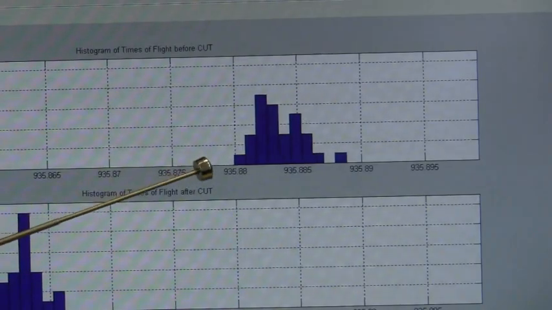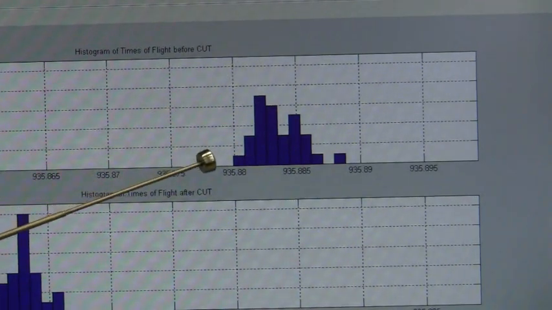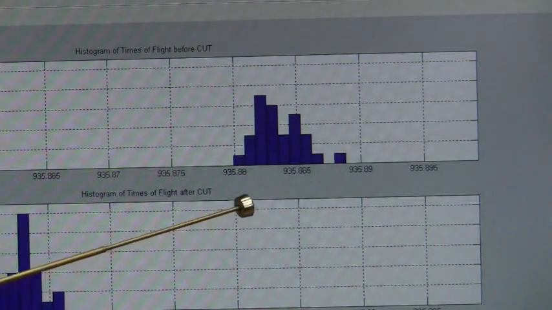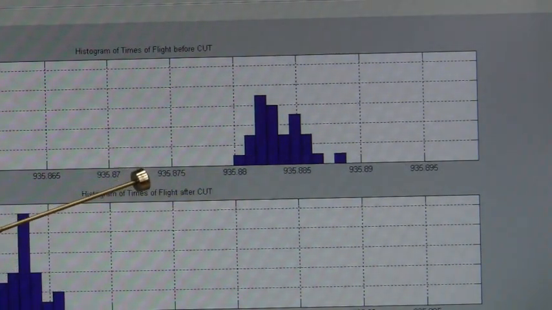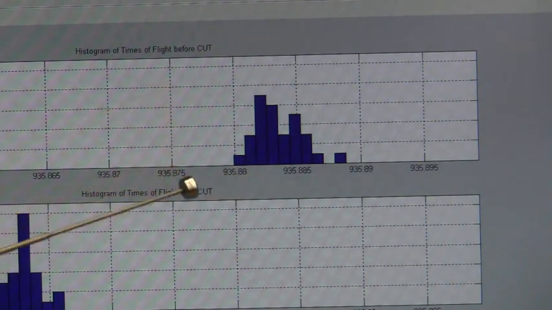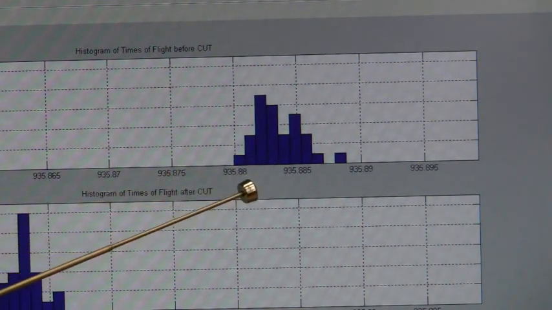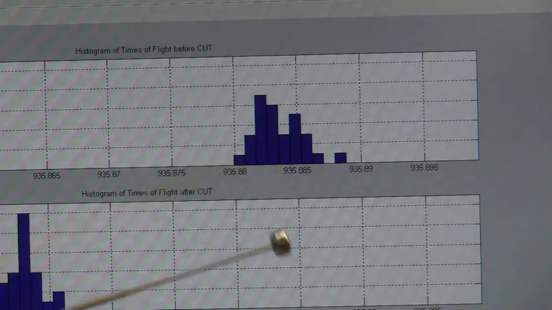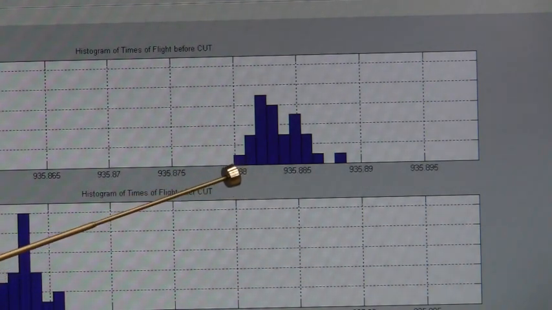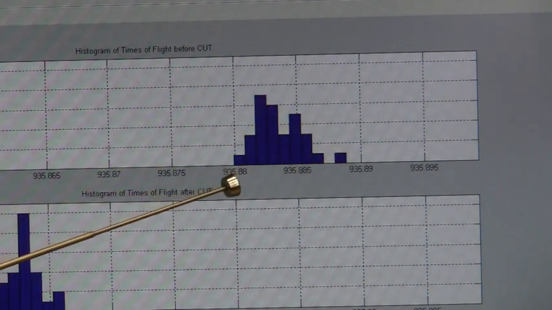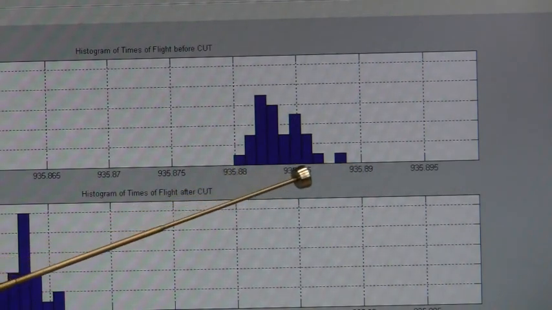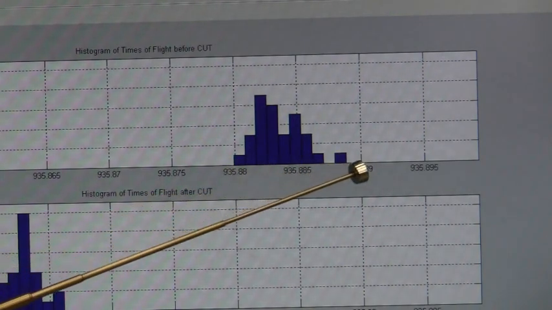Now, this is a histogram of the first 30 measurements before the cut was made, and the increments between the vertical lines is 3 picoseconds. So you can see the distribution of the 30 measurements. We're about a 3, maybe 5 picosecond range there.